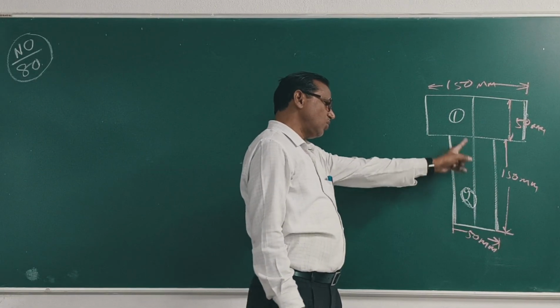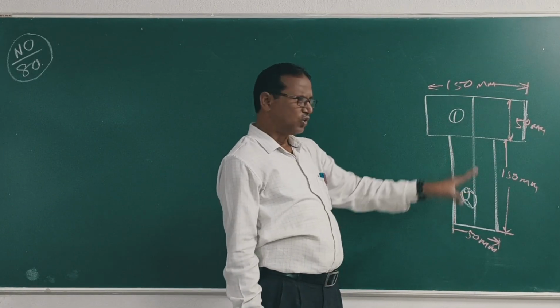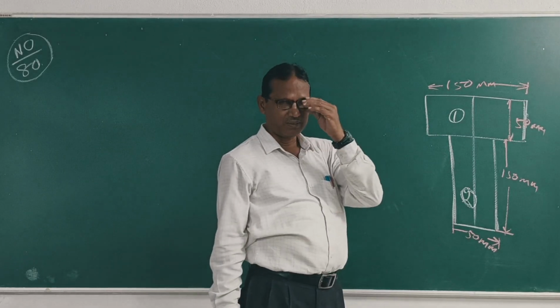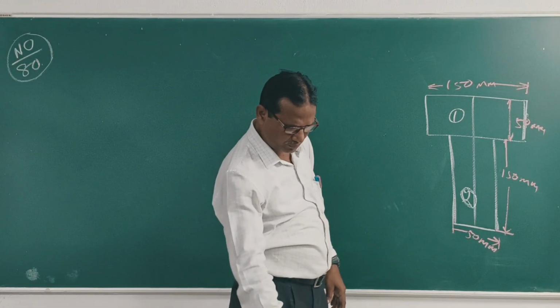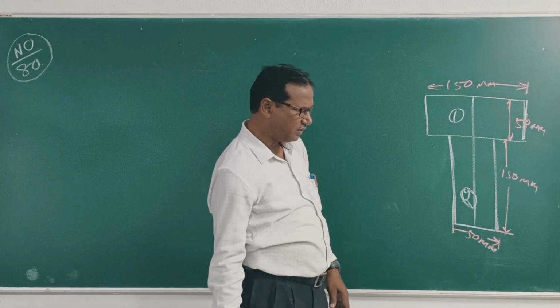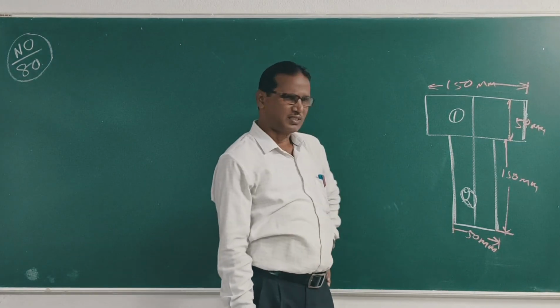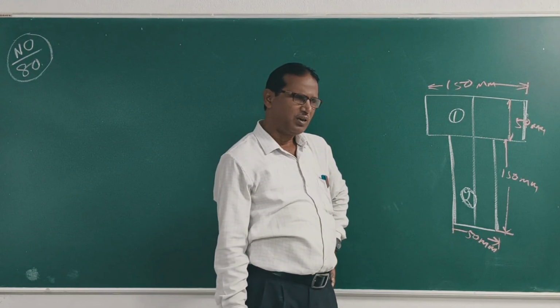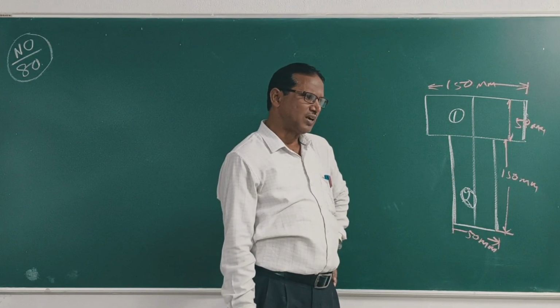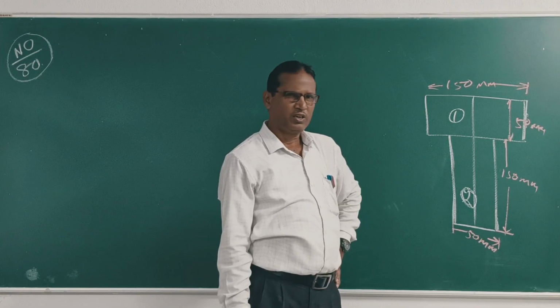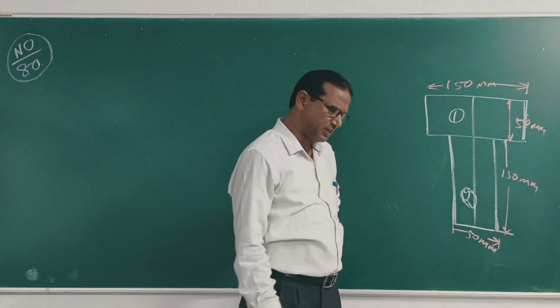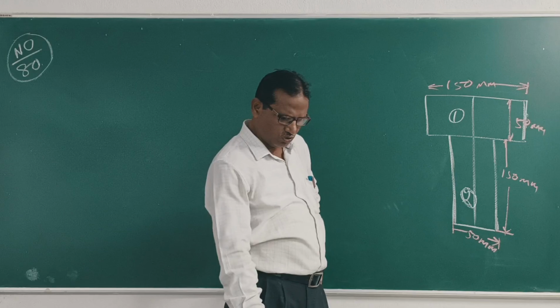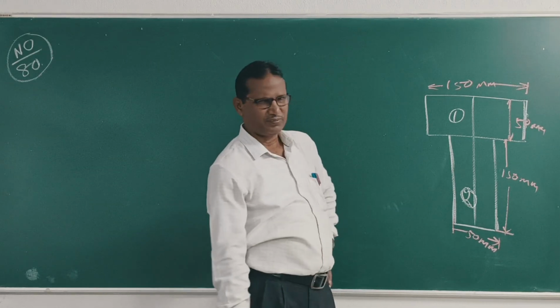Section 2 is also 150 and 50 mm. Both form a T section. Clear? Find the stresses at the extreme fiber, and also the total tensile force induced in the beam section. First, find out y bar and I.